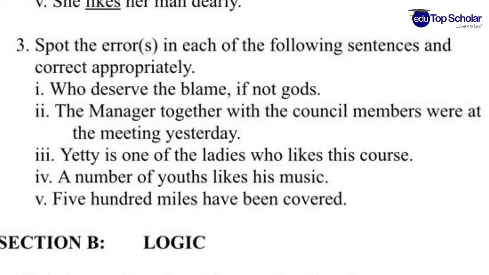I said we can even remove together with the council members from the sentence and put it at the end of the sentence. But for the sentence as it is now, we are going to put the correct version as the manager together with the council members was at the meeting yesterday. It is only one person that was at the meeting. The manager went to attend the meeting. The council members only accompanied him to the meeting.